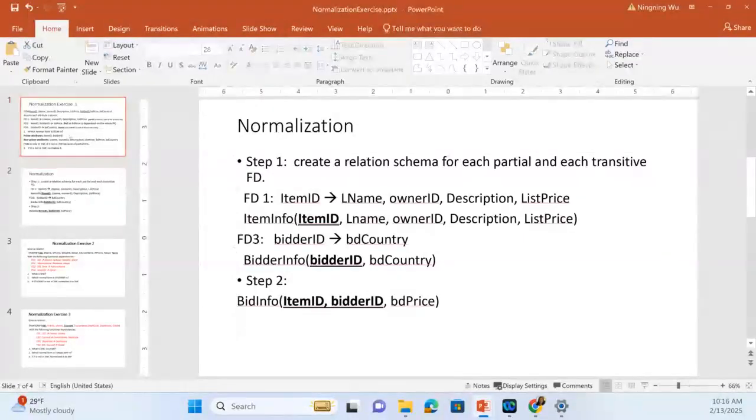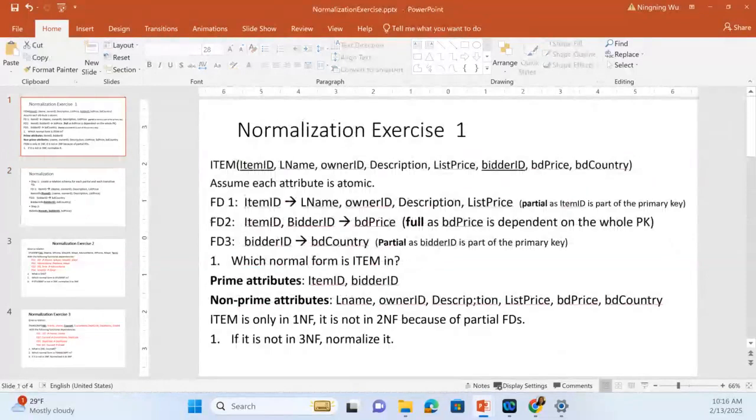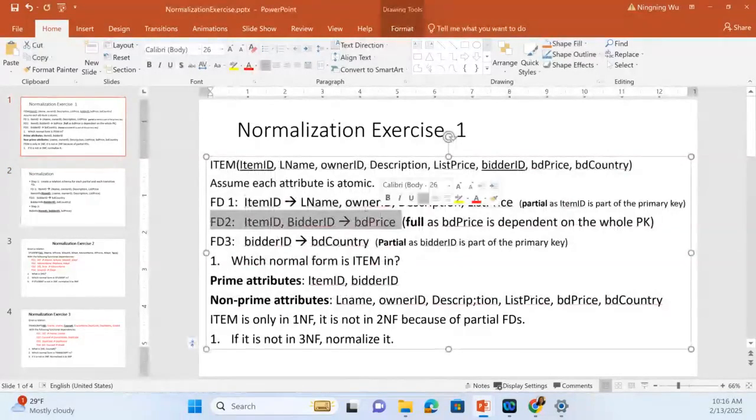So assume that we do not have this functional dependency. Then what are we going to do? We just go based on these 2 partial functional dependencies, because we're going to create one schema for each of them.